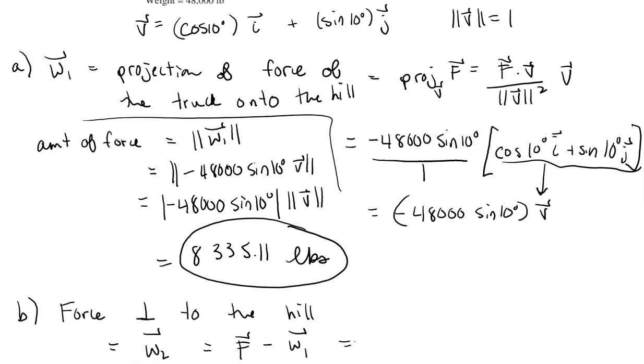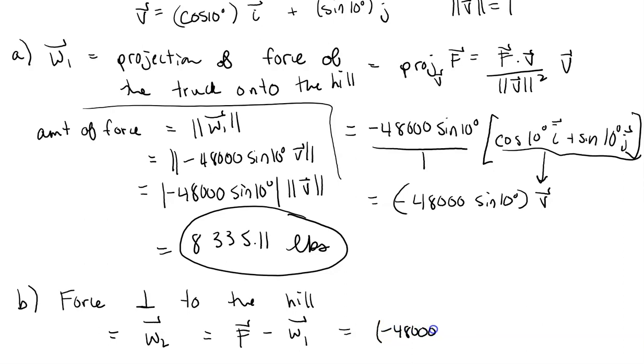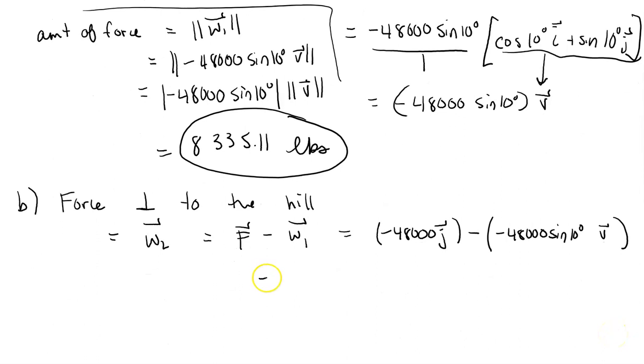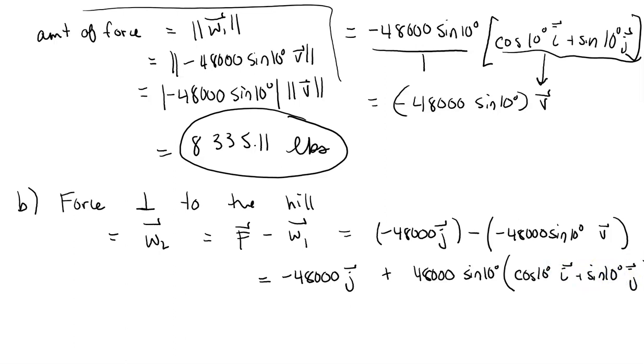So remember, F is the negative 48,000 J, and W sub 1 is negative 48,000 sine of 10 degrees times V. So we get negative 48,000 J, minus a negative 48,000 sine of 10 degrees times cosine of 10 degrees I plus sine of 10 degrees J.